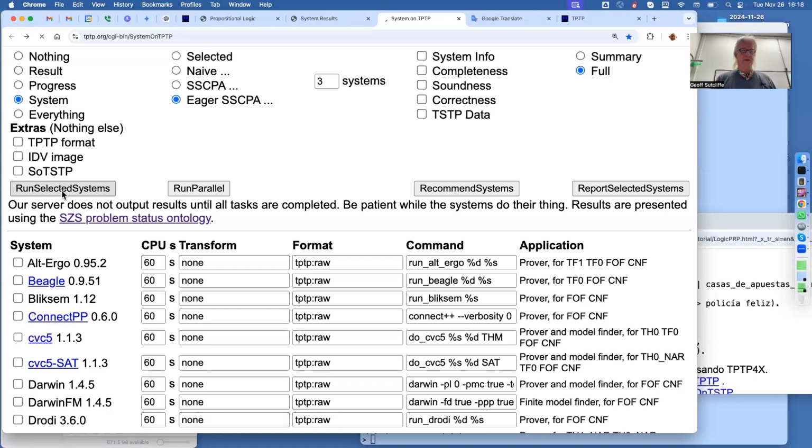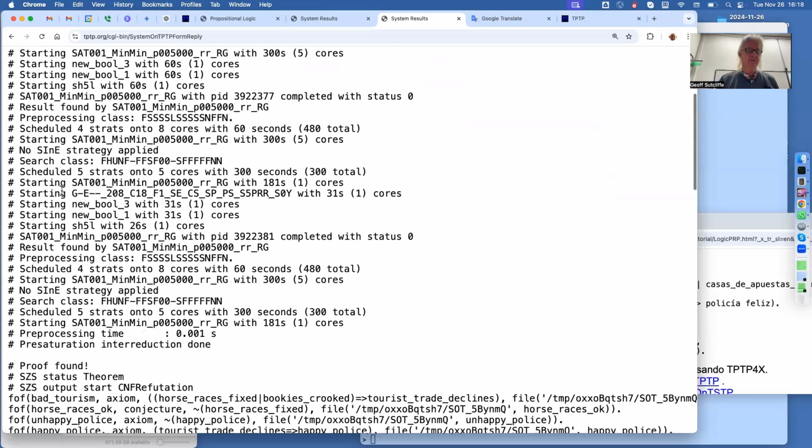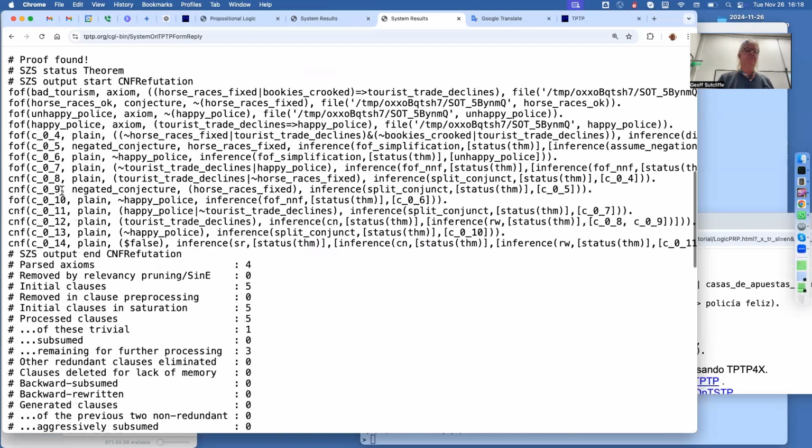All right, and you should get something like this. Yeah, perfect. Okay, good. Everyone's proving theorems. It's fantastic here. We're making progress. As things go, we'll go faster.